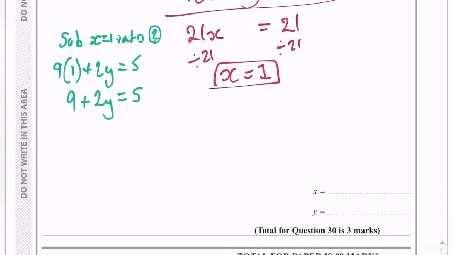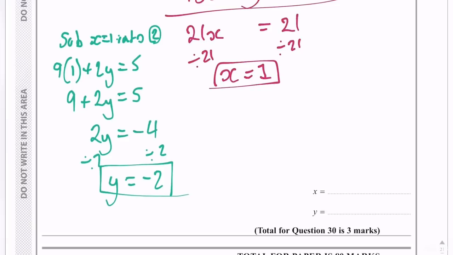Take away the 9 from both sides, we get 2y equals minus 4, and then divide by 2, and we get y equals negative 2. So there's our answer, x equals 1 and y equals negative 2 for that simultaneous equation.